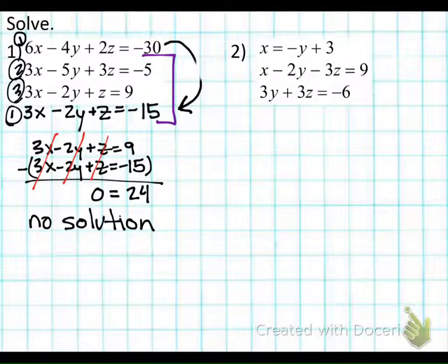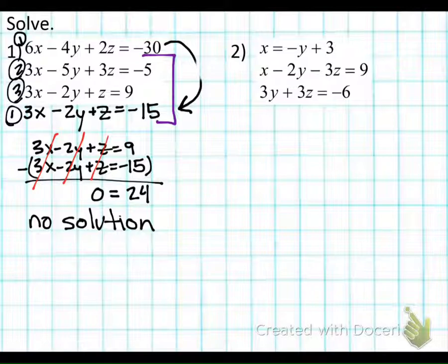Moving on, here's number 2. I see I have these three equations. The bottom equation is already just in terms of two variables, y and z. That's nice because my first step normally is to get two equations in two variables.